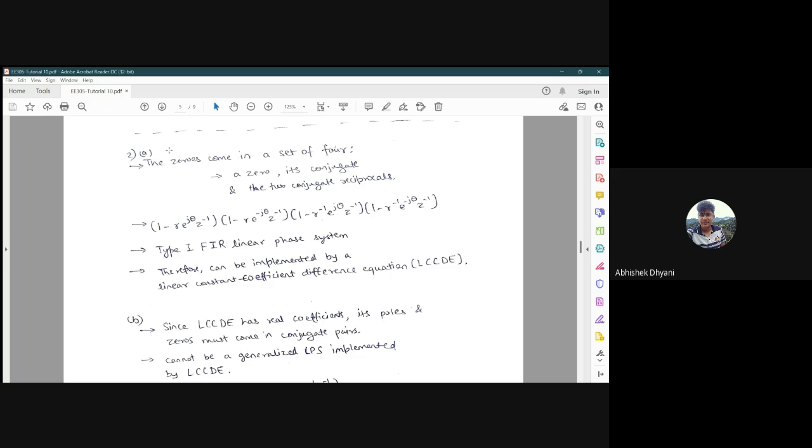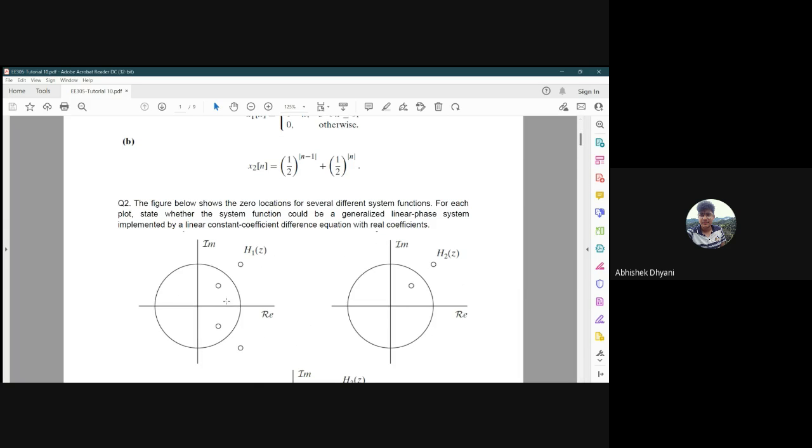The first thing that we observe in the first case is that the zeros come in a set of four. There is a zero, its conjugate, and two conjugate reciprocals. Because you see that in this case, if we take the conjugate reciprocal corresponding to this, I will get this one. And similarly for its conjugate, the conjugate reciprocal will be this one.